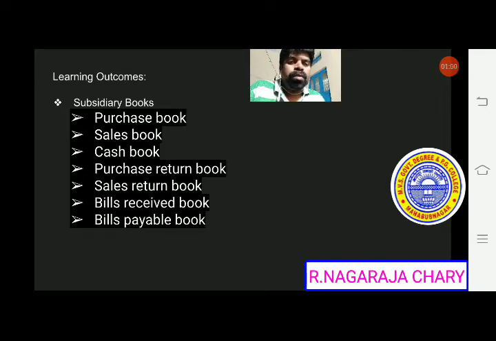In subsidiary books we have purchase book, sales book, cash book, purchase returns book, sales returns book, bills receivable book, bills payable book. These are the books we see in subsidiary books.